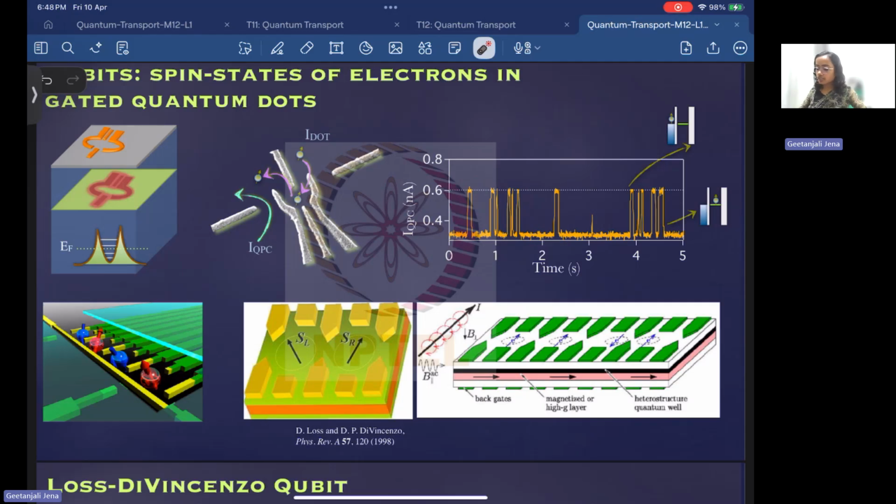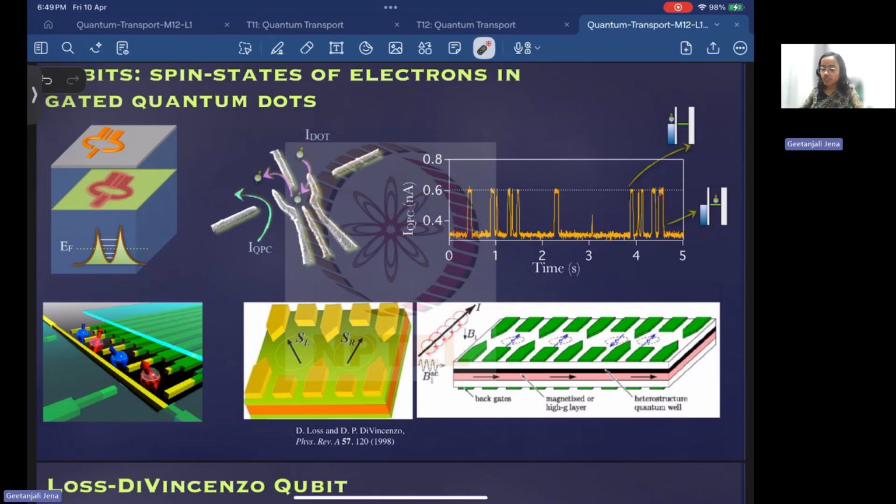If you recall, this peak corresponds to an electron tunneling out of this quantum dot, so there is an increase in the current in the circuit. And when the electron tunnels into the quantum dot, there will be a lowering of current. So that is why there is a fall in this current value.